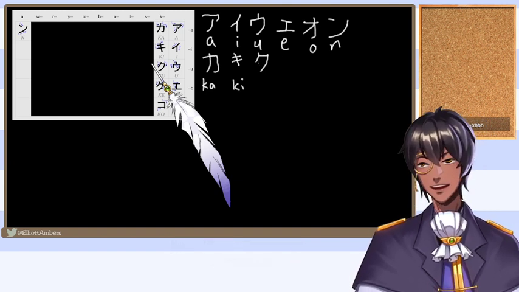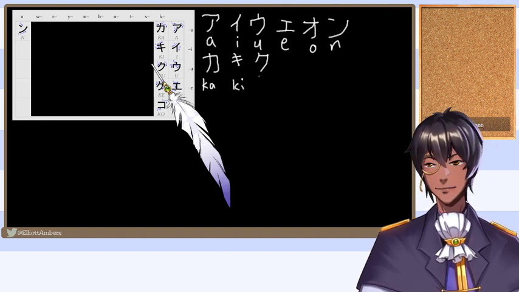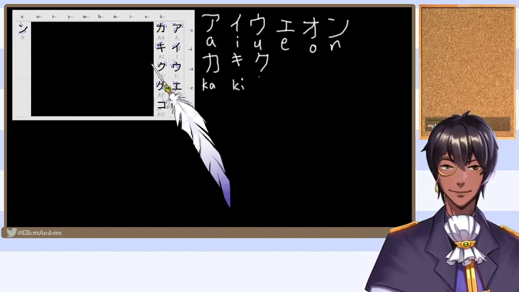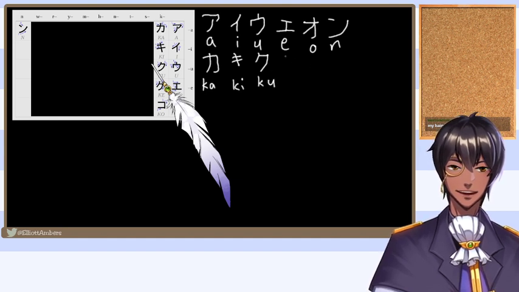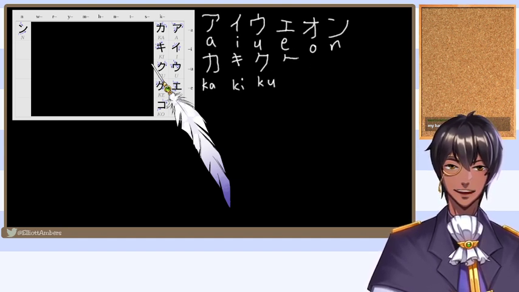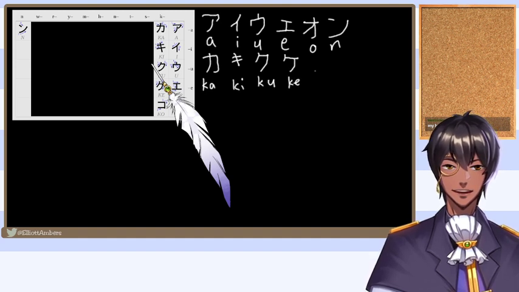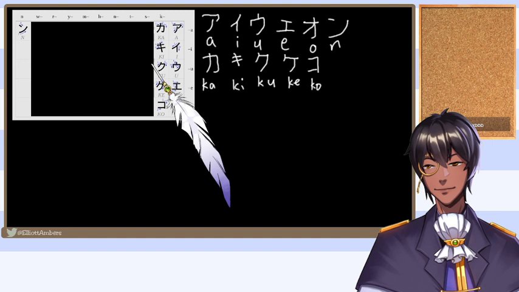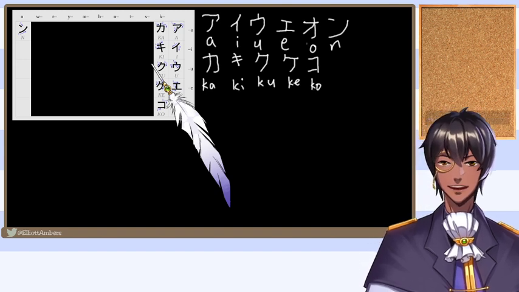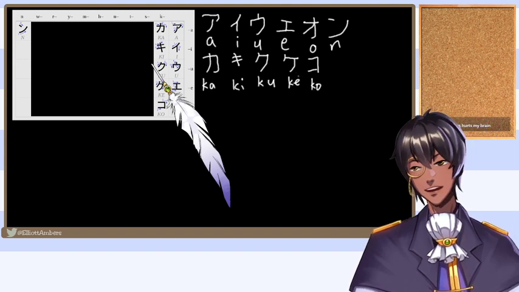Is something wrong? Is there something you'd like me to repeat? Is there a little bit of information overload? Let me know. This is ku. This is ke. Ku and ke look actually pretty similar. And then ko looks like this. Like an open box.